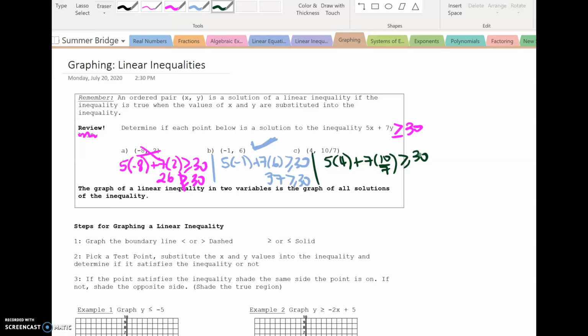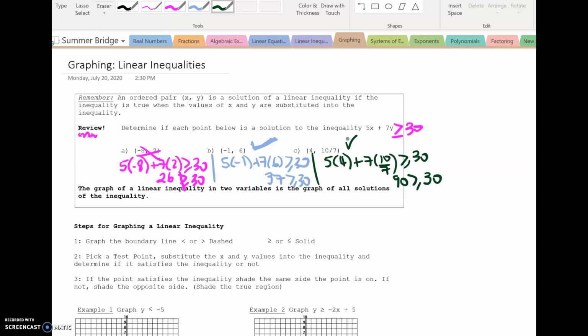That's going to be 20 plus 70, which is 90, and 90 is indeed greater than 30. So this is also a true statement, which means out of all the points, point B and point C are actual solutions to this inequality.